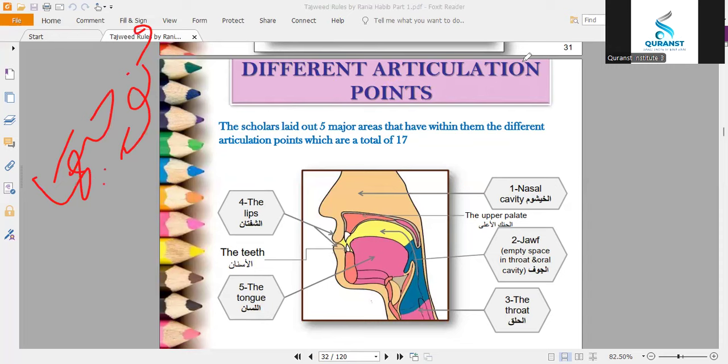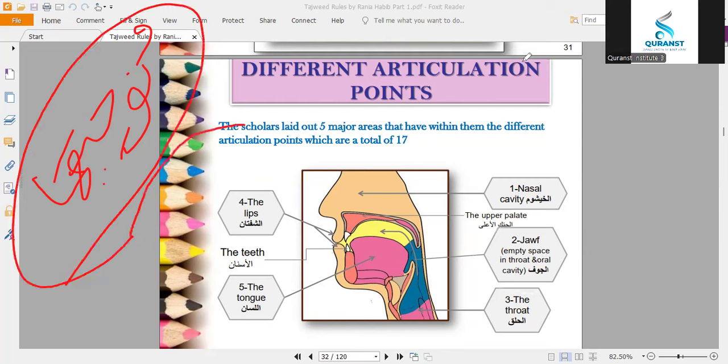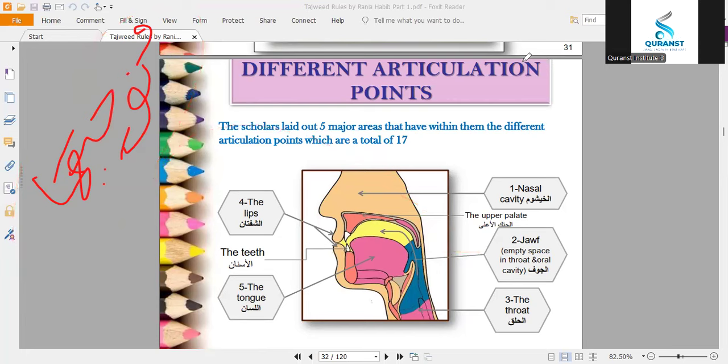No, you can't. The second one, he, he. Can you find any touched places? No, excellent. Ha, ha. So if you find any letter from this group, we call them the lengthened letters. We must know that the articulation point of them is aljawf, or the empty space in the throat and oral cavity.